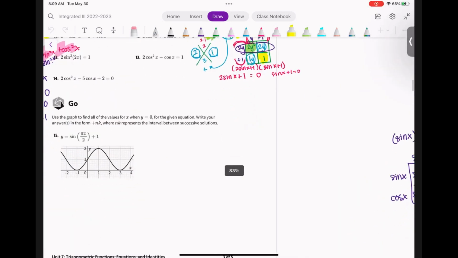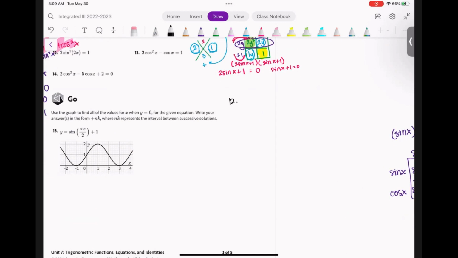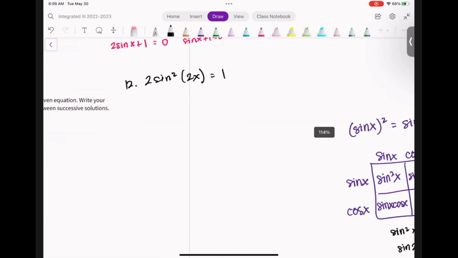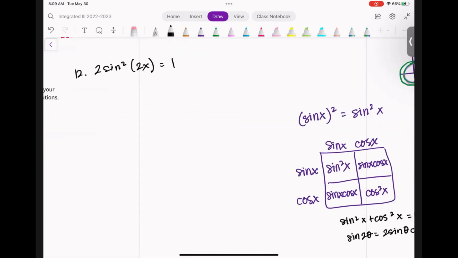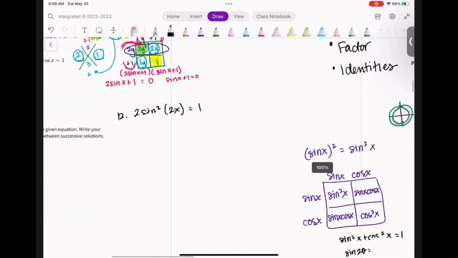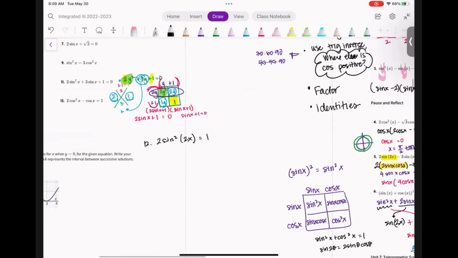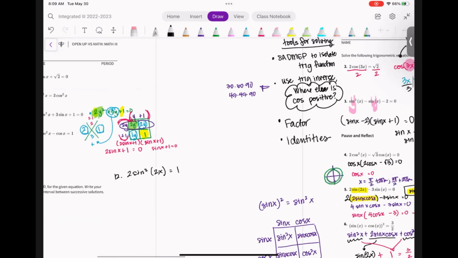So here's number 12. It says 2 sine squared 2x equals 1. The very first thing I notice is that my first tool is to SADMAP it. I don't need to factor it.